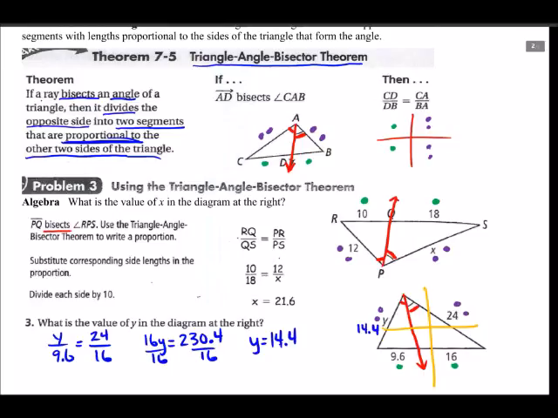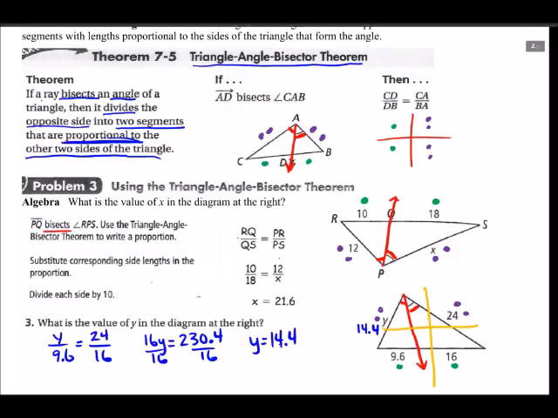So these are some very specific theorems that use proportions. Make sure that you are meeting the requirements, because we've had our triangles that are proportional, but they don't have the parallel line in them. So our side splitter theorem requires that the line be parallel to one side.